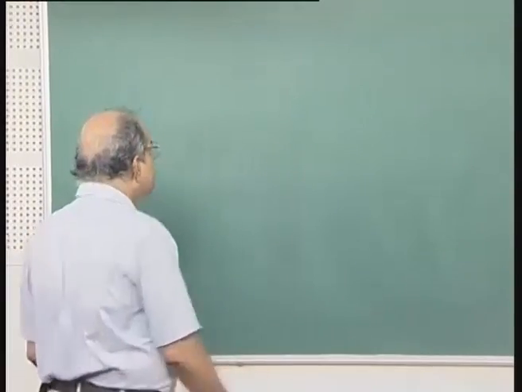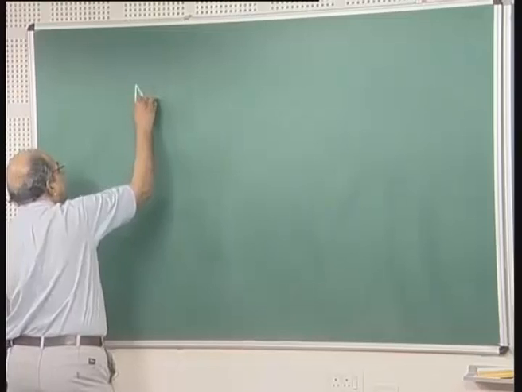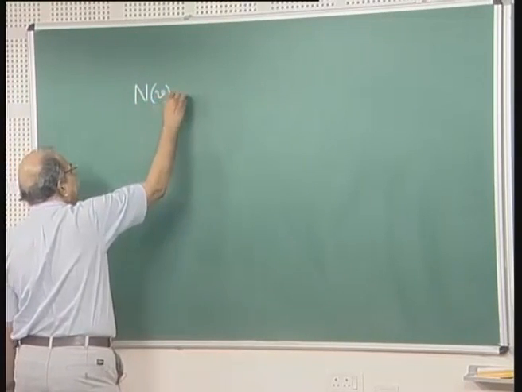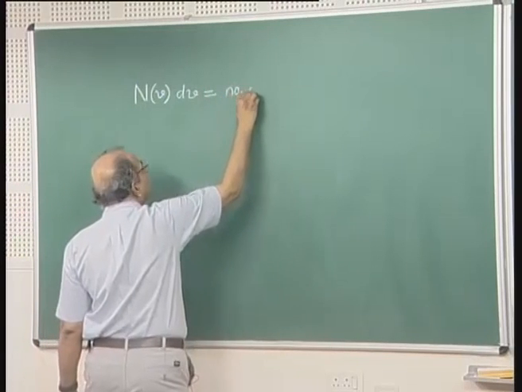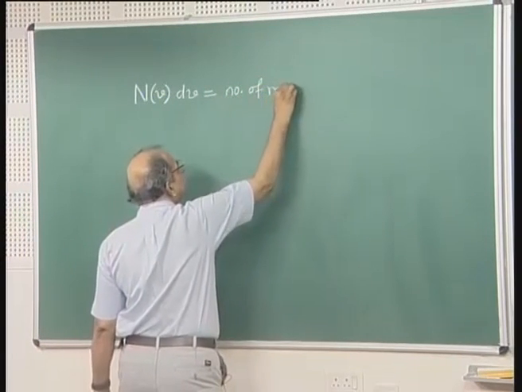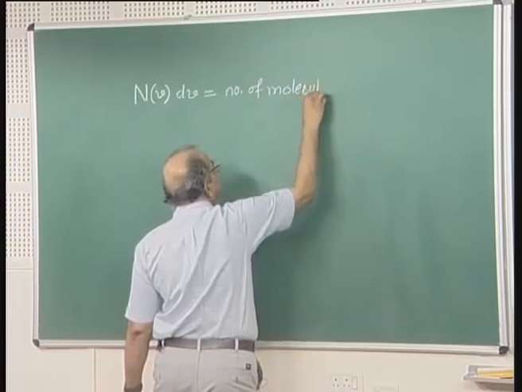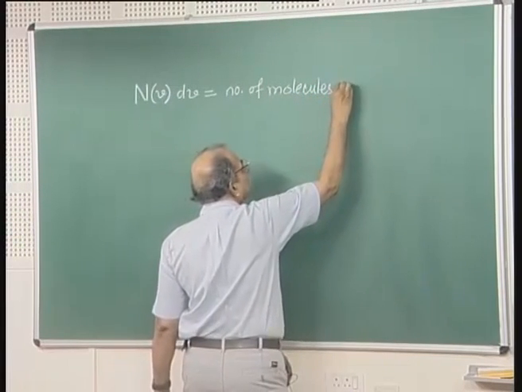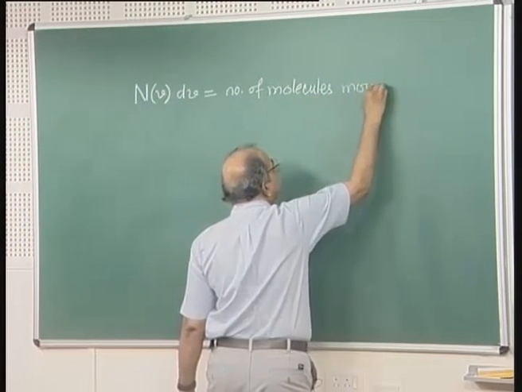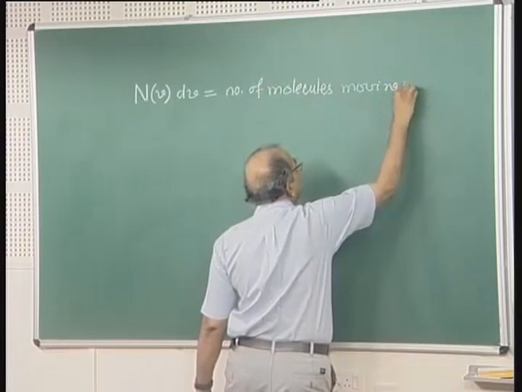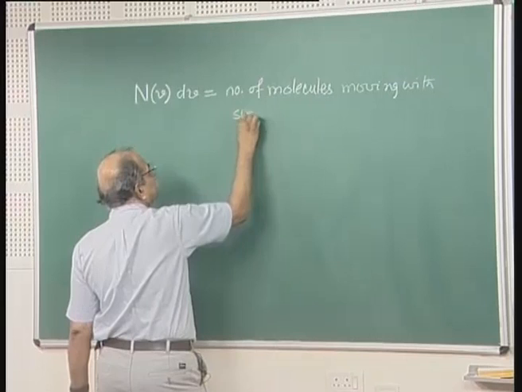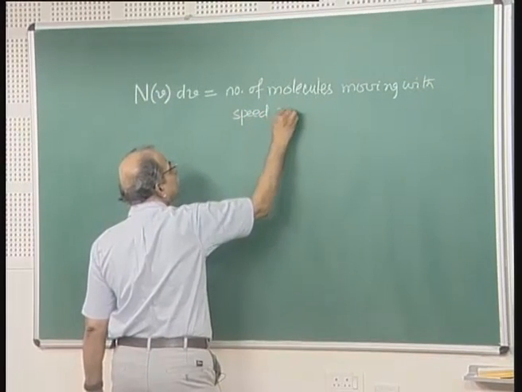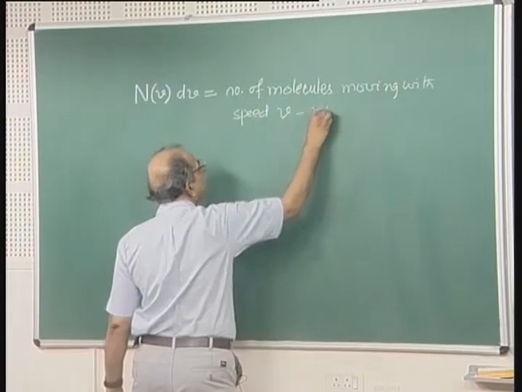That number we write as N(v) dv, number of molecules moving with speed between v and v plus dv.